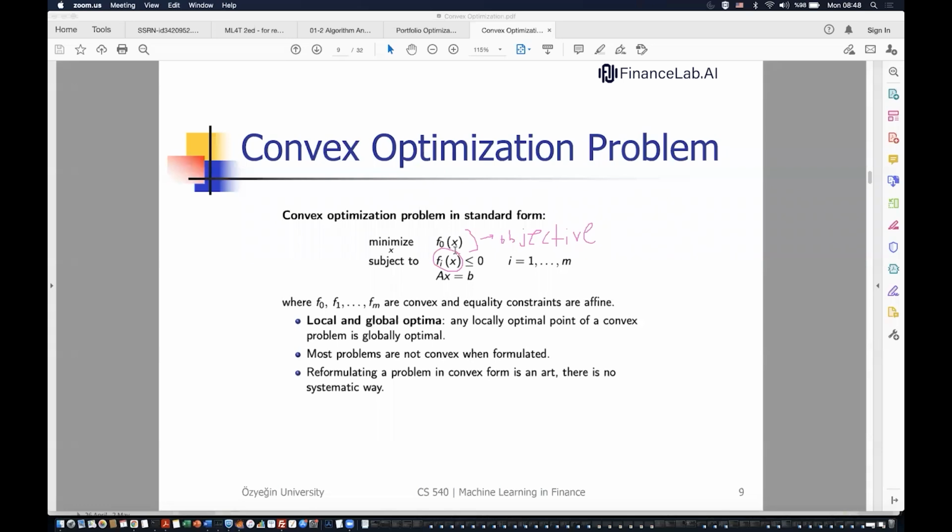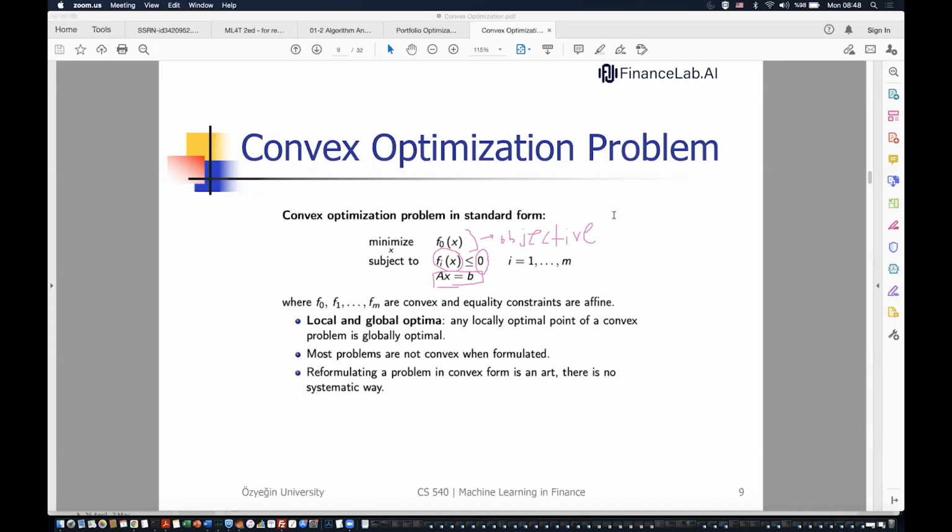In this case, fi should be convex, and it should be smaller or equal than 0 in order to satisfy the convex property. And for equality constraints, in order for them to be convex, they need to be linear equality constraints. That's why we have linear equality constraints in the form of Ax equals b.